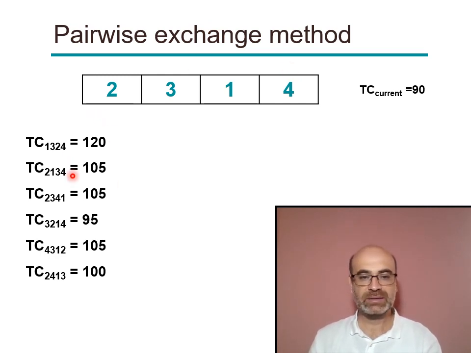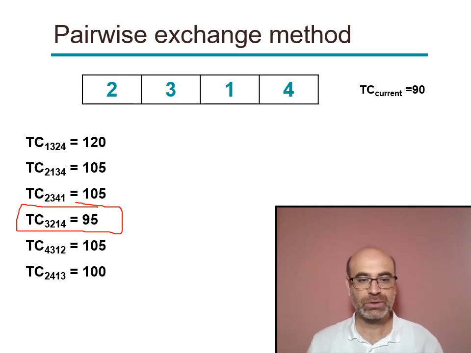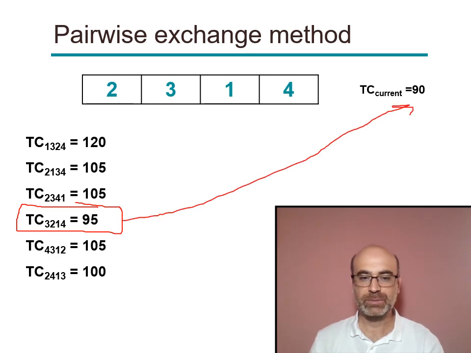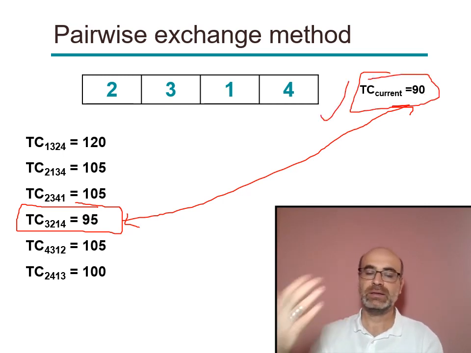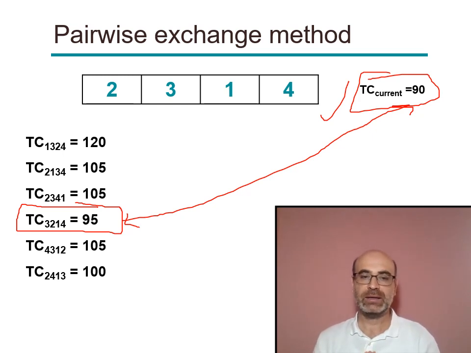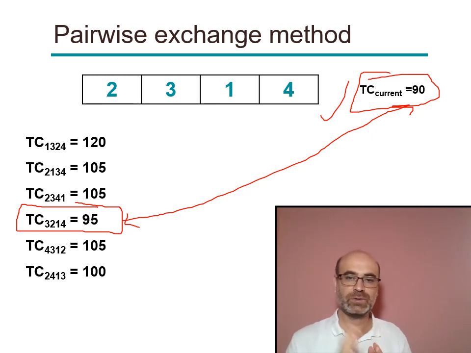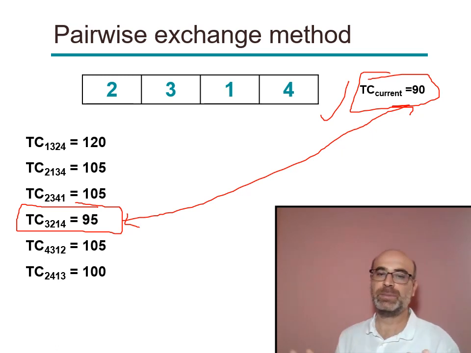These are all the costs, and the minimum total cost is obtained by exchanging departments 2 and 3. When we compare it with the current cost, we see that the current cost is smaller than the exchanged cost. Since there are no other alternatives better than this one, we stop at this point.